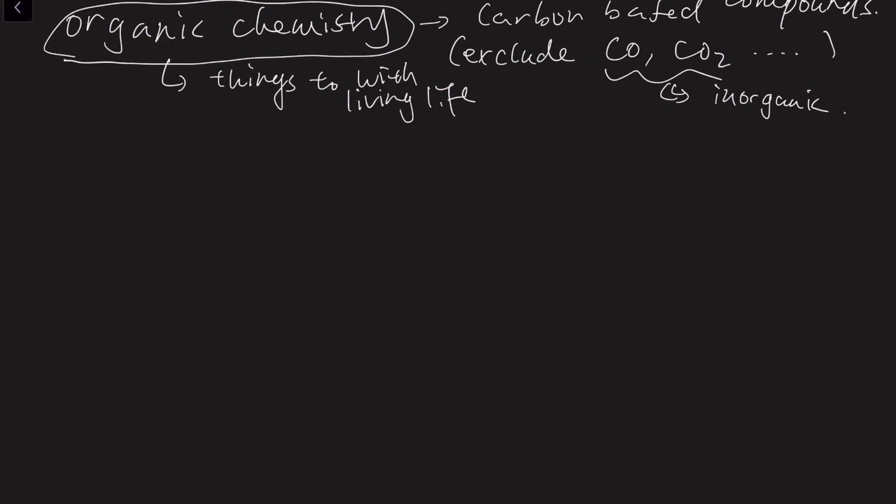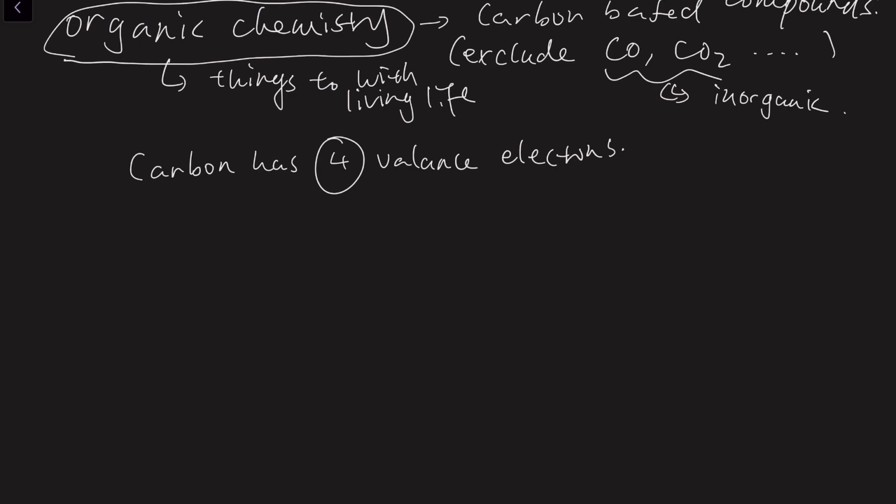So first, let's look at some of the chemical properties. Carbon has 4 valence electrons. And this is really special because we know for most elements, they either have 1, 2, or 3 valence electrons. So it is really quite rare for an element to have 4 valence electrons.